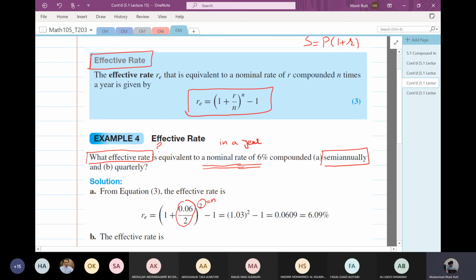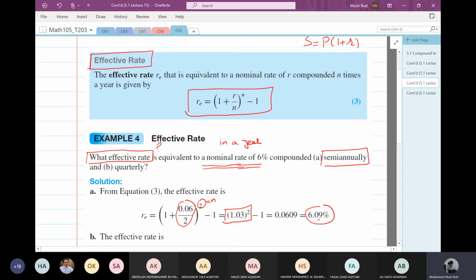Agree? Anybody there? Yes, doctor. It is 2. Okay, then it will be 1 plus 0.03, it will be 1.03, and you take the square and minus 1, and this will be 6.09%.